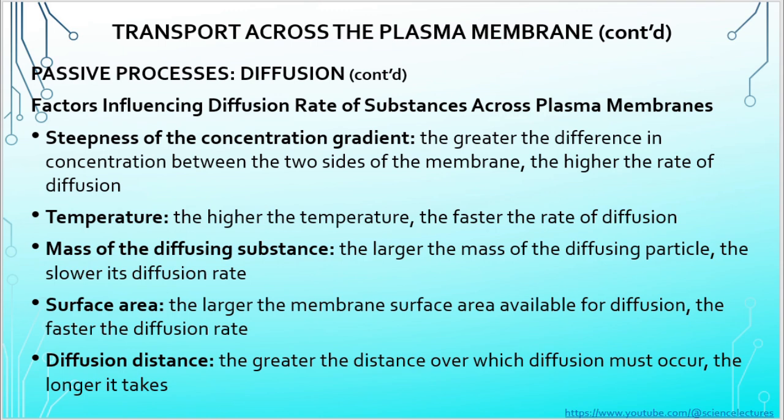Diffusion across a membrane is also affected by the diffusion distance. The greater the distance over which the diffusion must occur, the longer it takes. Diffusion across a membrane takes only a fraction of a second because the membrane is so thin.